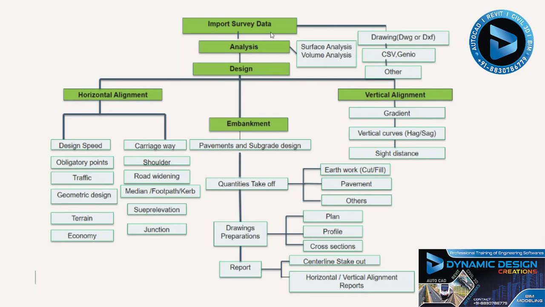Topo data is only for the AOI of your project, along with some major structure details and tree details. In India they give the tree details, like the girth of the tree and what type of tree it is. Under the forestry department we need approval before going to the cutting. We need to rectify all these details before importing into Civil 3D.